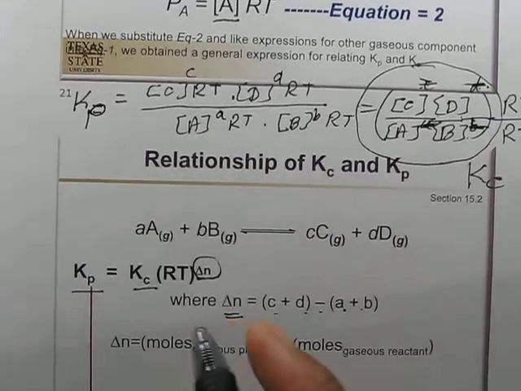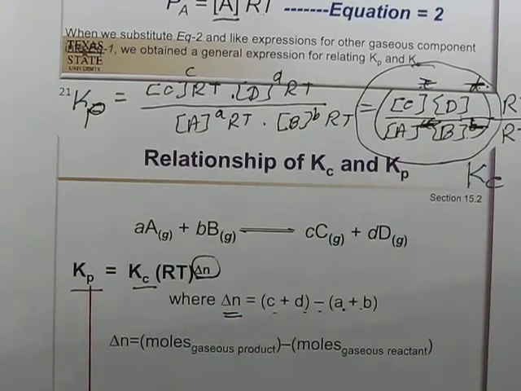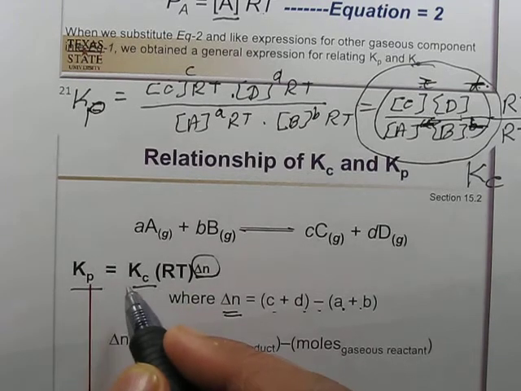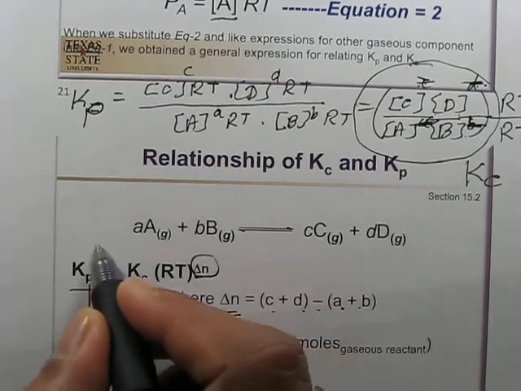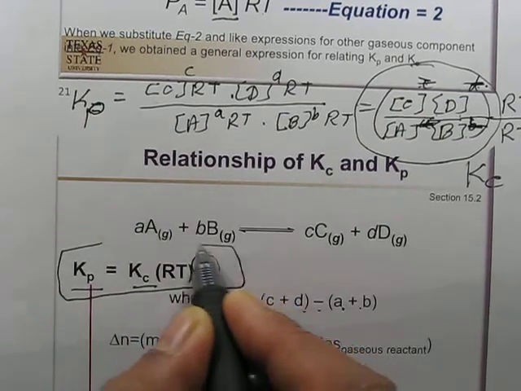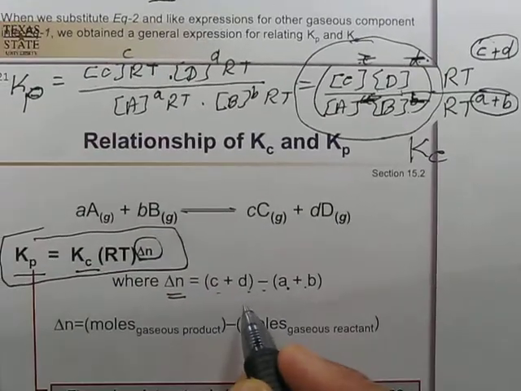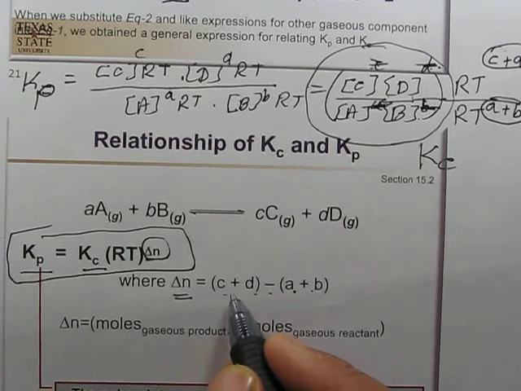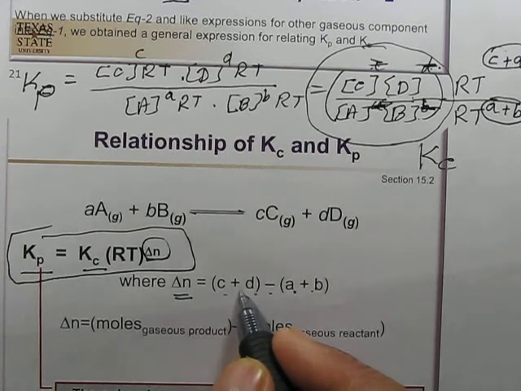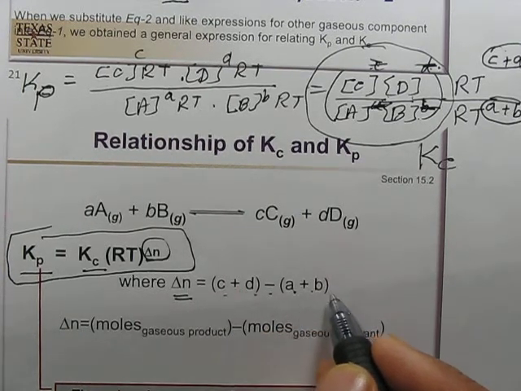So we can establish the relationship between the Kc and Kp like this: Kp will be equal to Kc RT delta n, where delta n is equal to the total number of moles of the product minus the total number of moles of reactant.